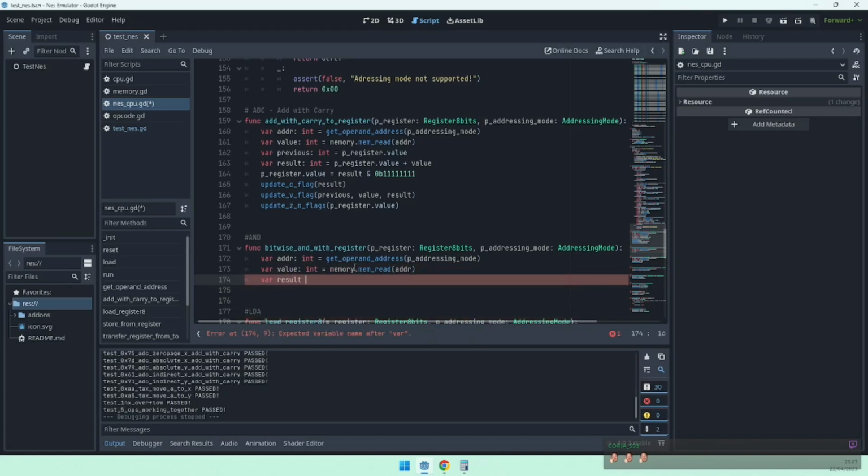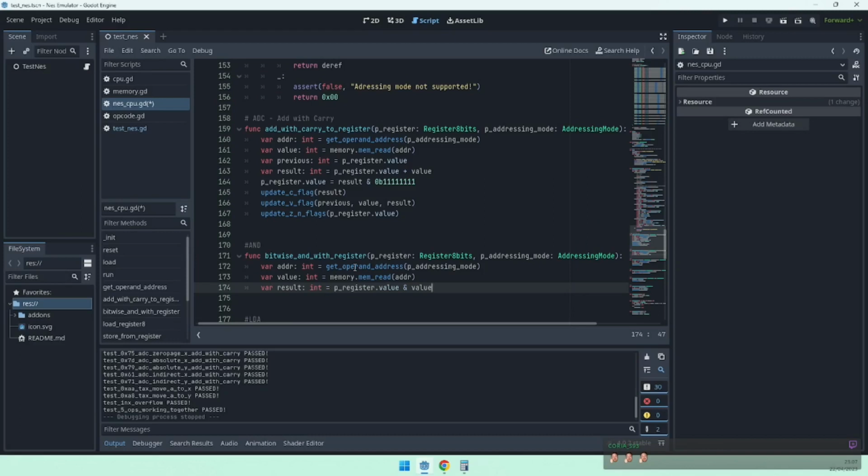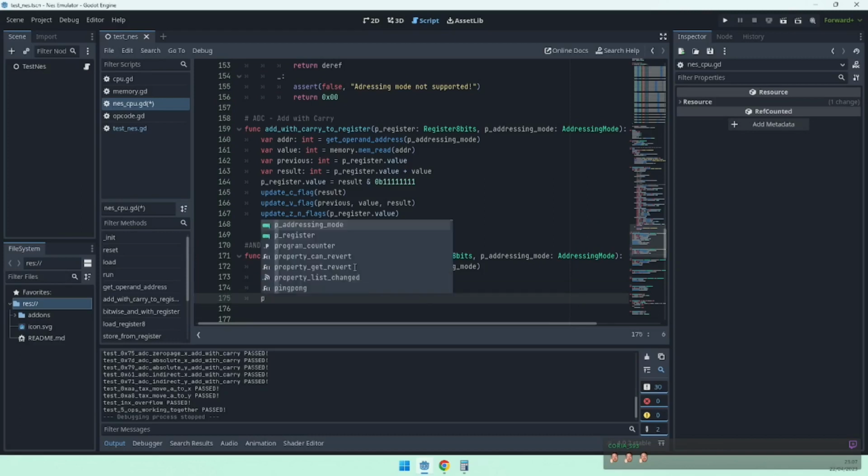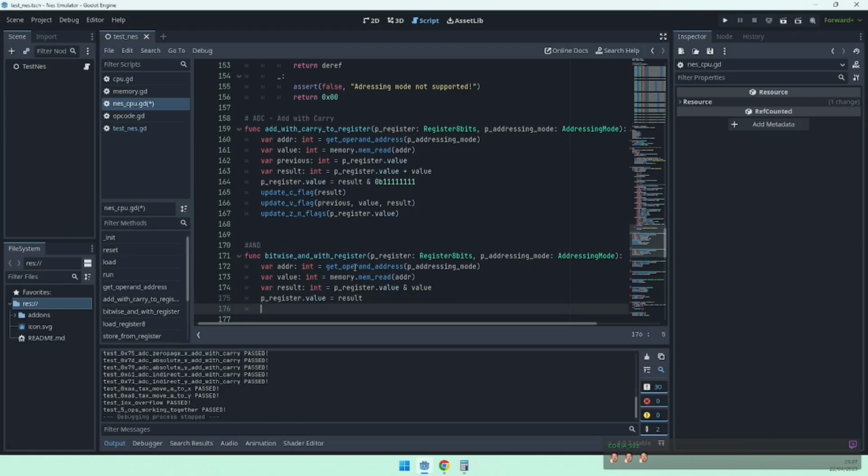Var result int will be equal to P register the value and value. P register the value is going to be equal to the result, and we update zero and negative flags.